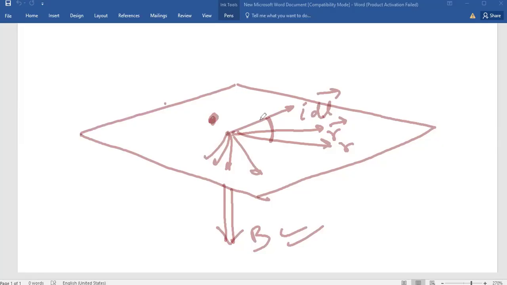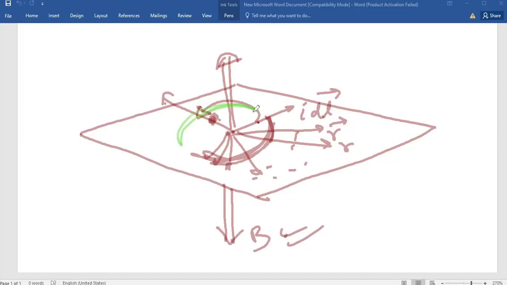Now it will change if you go to that place. Then you have to curl your fingers from I cross R to R, and your magnetic field will go upwards. That means up to 180 degrees, wherever you put your point of observation, the magnetic field will be downward, and for that side, wherever you put your point of observation, it will be upward.